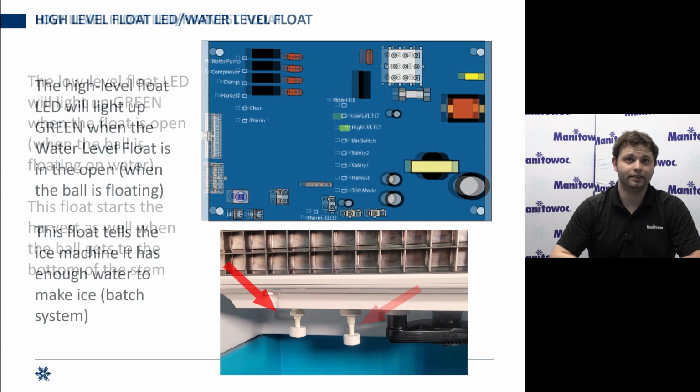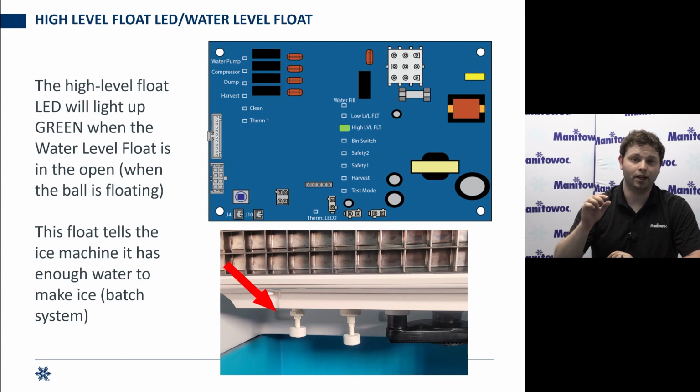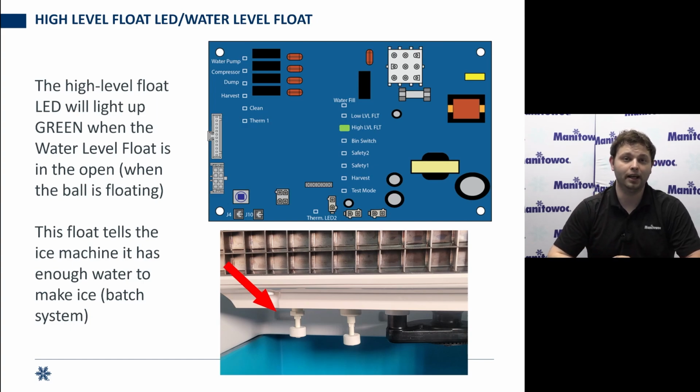Our next float is the high level float or the water level float. These kind of work in tandem, but more importantly, this float works with the water inlet valve. Again, same as the low level float, it will be lit green when that little bobber is floating on water and it isn't touching the bottom of that stem. The main purpose of this float is to tell the ice machine when it has enough water.